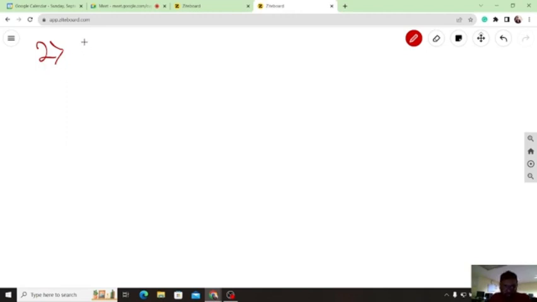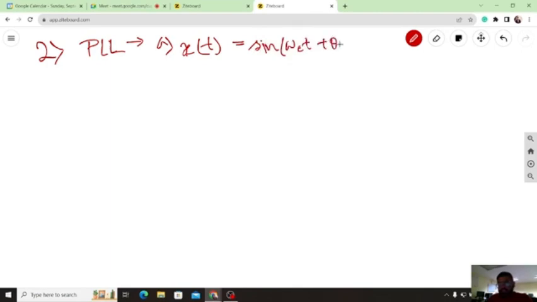The second question gives a PLL with some particular specifications. The first specification is the input signal that we are providing into the PLL: x of t is equal to sine of omega c t plus theta i.